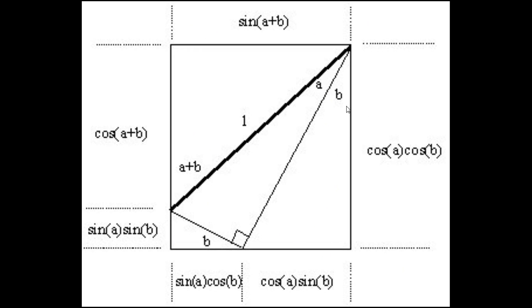Now it's simple geometry to work out. This B has to be the same as this B, right? And this total angle is A plus B, so you can do this. By the theorem that opposite angles are equal, this angle equals this angle, right?